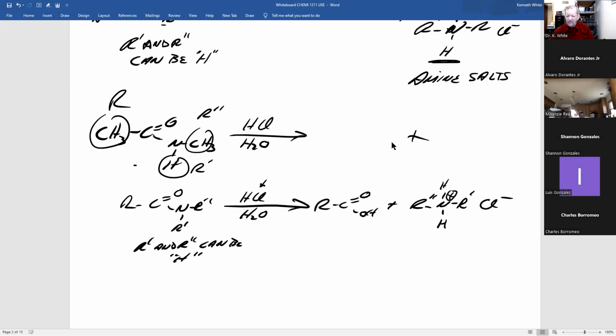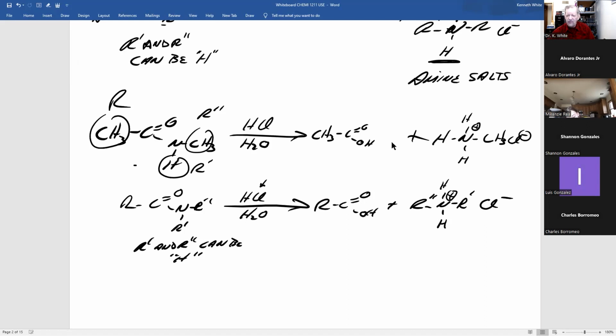to form this amine salt. And you need an anion. So this is a carboxylic acid. I would get R prime hydrogen, R double prime methyl, and two more hydrogens, Cl minus.